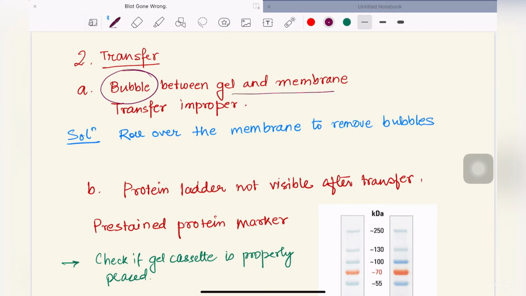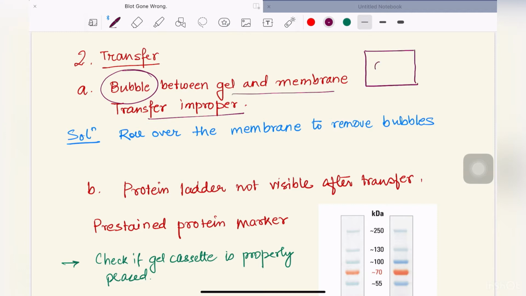Why is it so important? Because if there is a bubble, the electric current will not pass through the bubble, which will cause an improper transfer. If there's a bubble on your protein band between the gel and the membrane, your protein will not be transferred properly onto the blot.